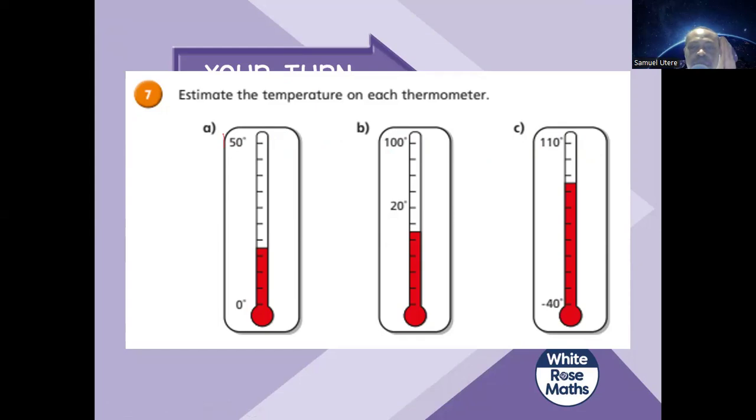So you can see it's applied in other aspects. Let's say you want to take somebody's temperature or you want to measure the temperature of a liquid, of a substance, or of the room. So you should be able to make correct estimates. So for these, it's important you read the scale. So you see what I was talking about.